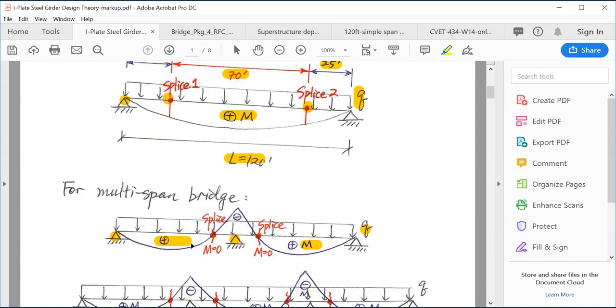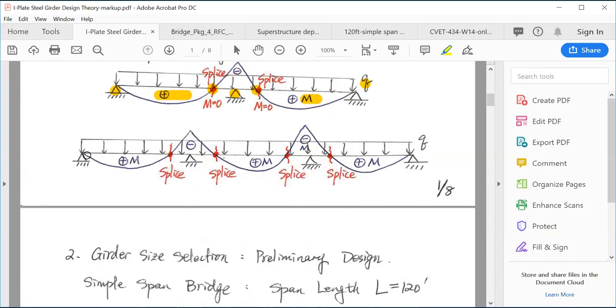Now we can identify the location based on the 0 moment location, and we can determine roughly the splice location. Again, this splice location also needs to consider the maximum shipping length. Okay.